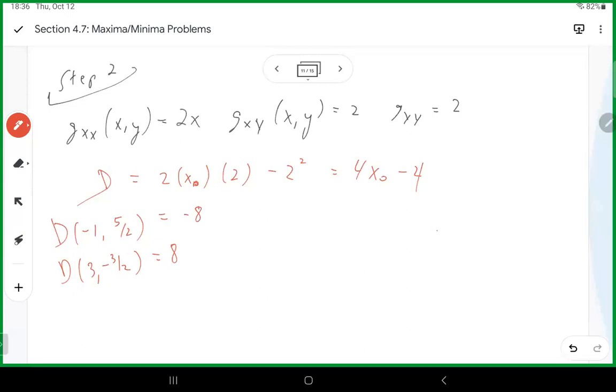All right. So in step 3, we note that applying the second derivative test for the functions of the two variables. For the first point, (-1, 5/2), this leads to case 3. So that means that this will be a saddle point.